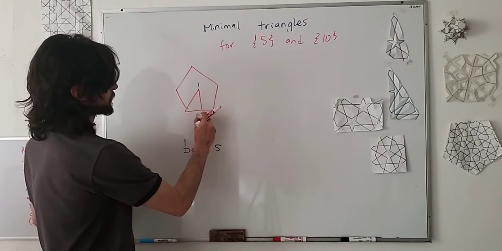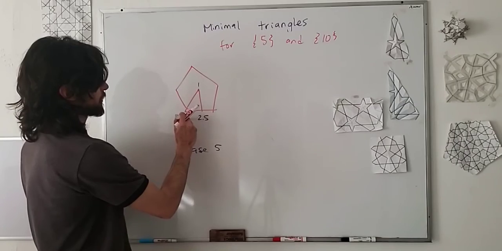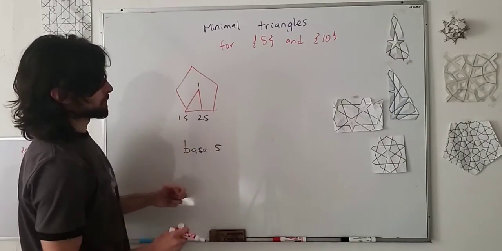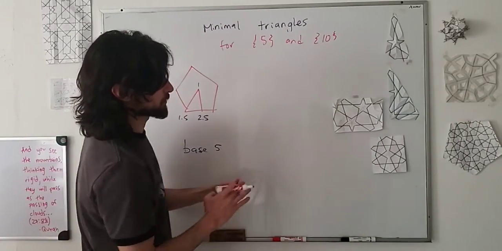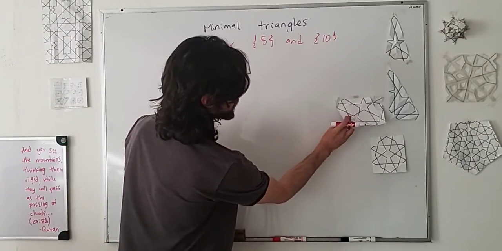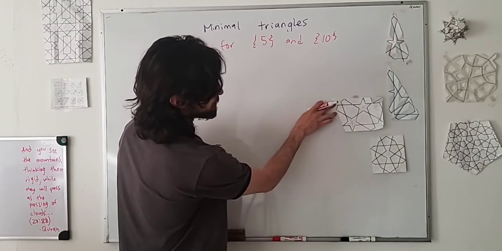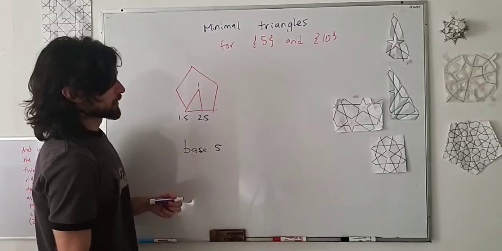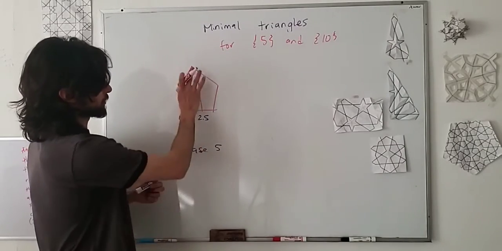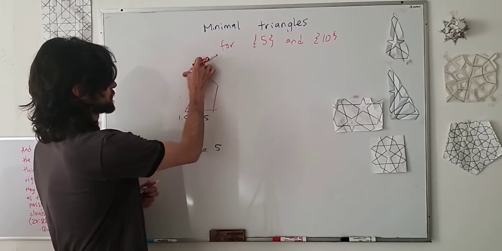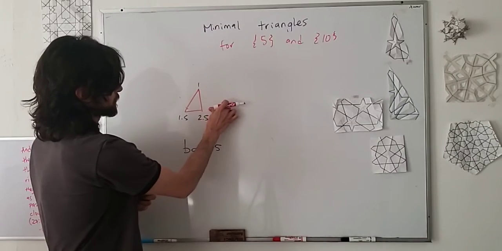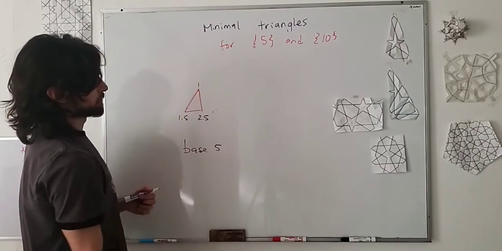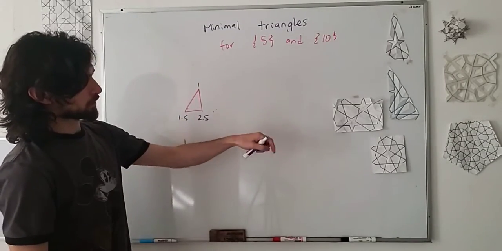Alright, base 5, we look at that and we get a 1, 2.5, and 1.5. Looking at this one, it's almost like you can imagine this to be tucked. So now we're going to take away this. Again, looking at that.